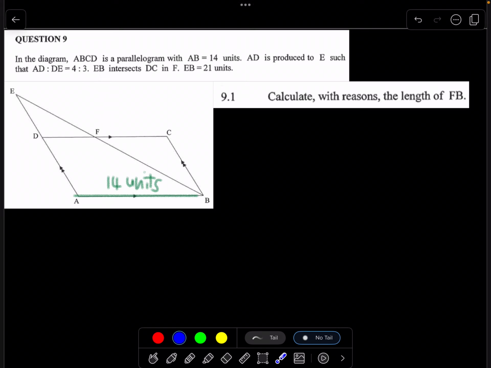EB intersects, so I don't know how I'm going to flag that for myself. I know how I'll flag it.